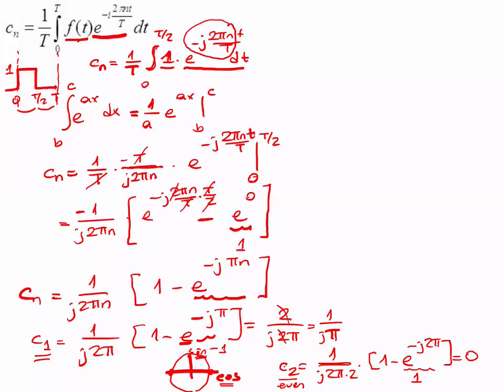For odd integers, Cn will be 1 over j pi n.